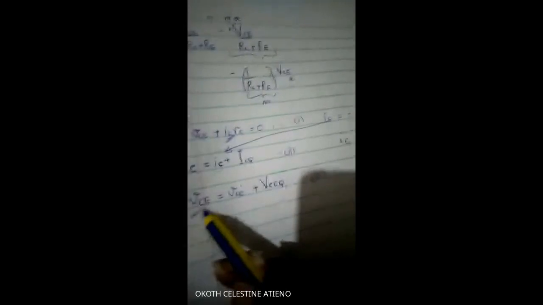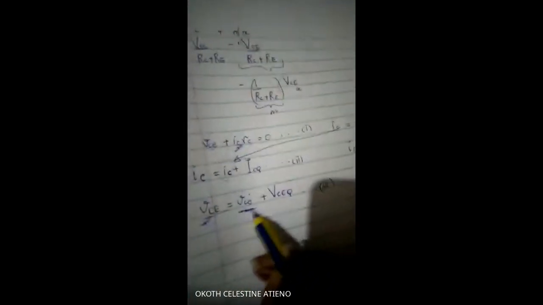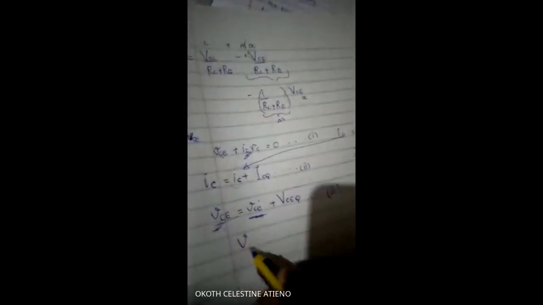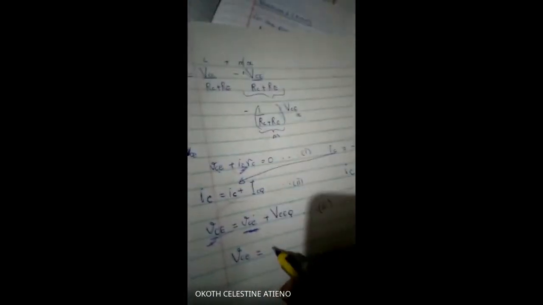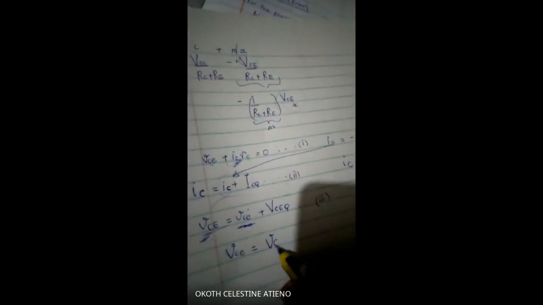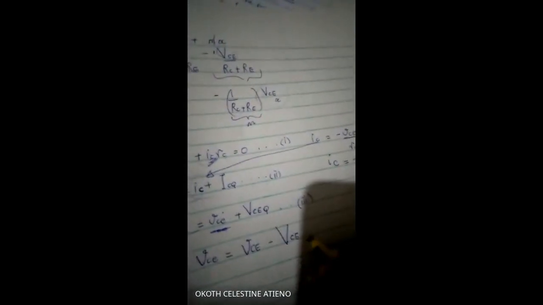And then from here, I know my expression for this. No, wait, I should make this the subject. So small vce is equal to capital VCE minus VCEQ.